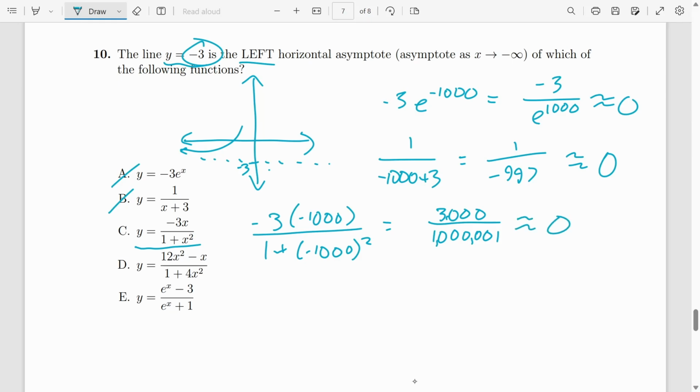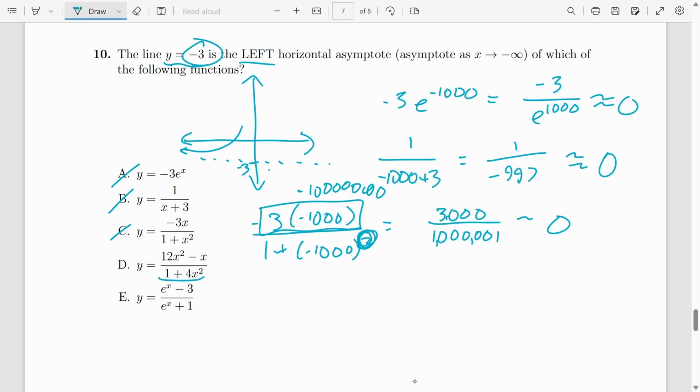That's pretty close to 0 as well. Because if we do something instead of negative 1,000, like negative a million or negative a billion, we know this squared here is just going to keep growing faster than what's up here, so it'll approach 0 instead. So that's what this means on the right, what it approaches, like a limit. Probably should be using limits for this problem, but you can brute force it if you want.